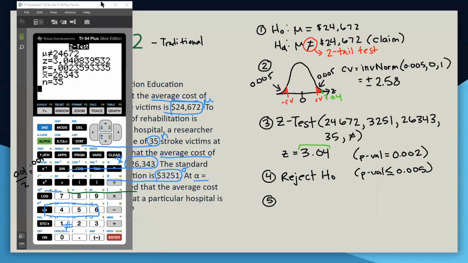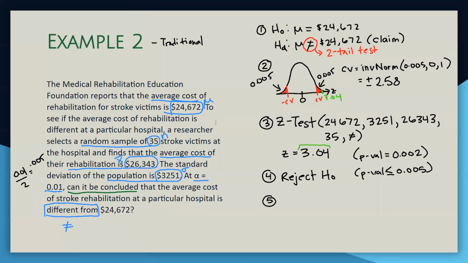So we're going to go ahead and type our answer using the appropriate sentence frame. So we know there is enough evidence. Let me scoochie this over a little bit. Whoa, nope, that didn't work so well.